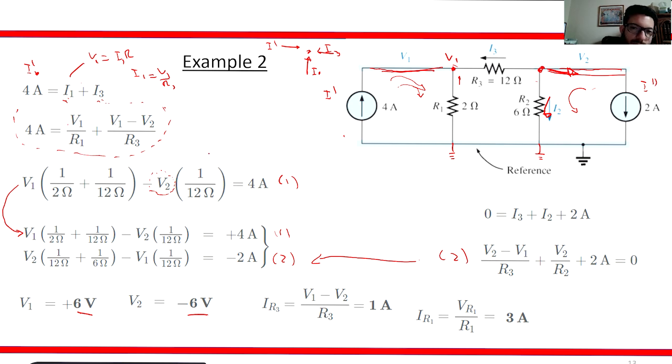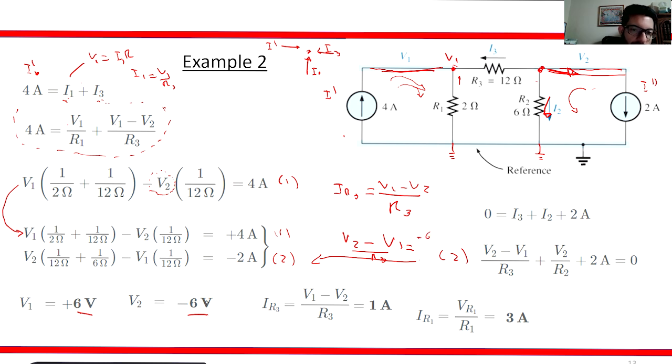From Ohm's law, the current through resistor 3 is the voltage across resistor 3, which is V1 minus V2, divided by R3. Okay, 1 amp. It's the same thing if you do it the other way around: V2 minus V1 divided by R3, where V2 is negative 6.